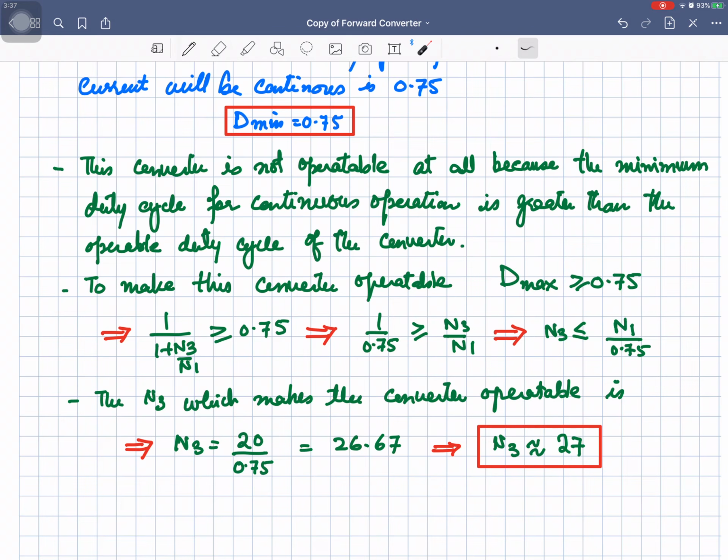We will have to bring a change such that our D max goes above 0.75, and that depends upon the turn ratio of your transformer. So we will change n3 by n1: 1 by 1 plus n3 by n1 should be greater than 0.75, and if we simplify it, n3 comes out to be 26.27. It means n3 should be equal to 27.